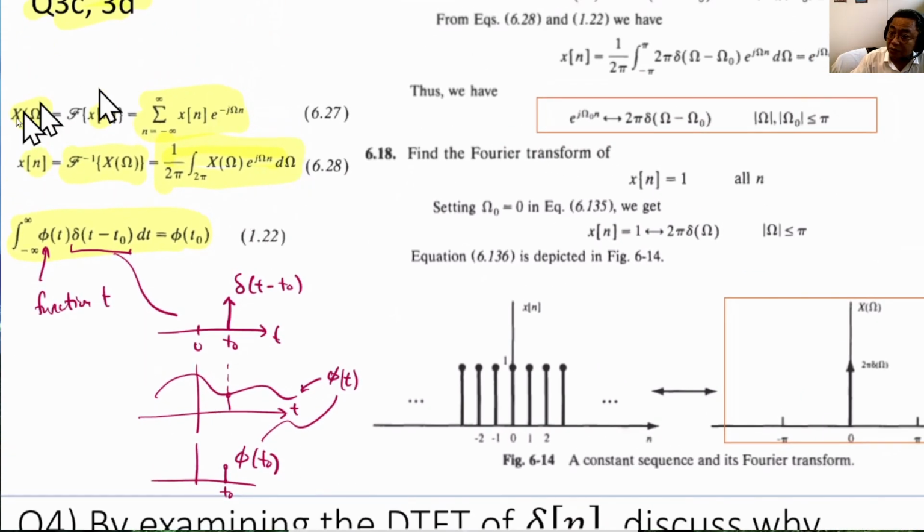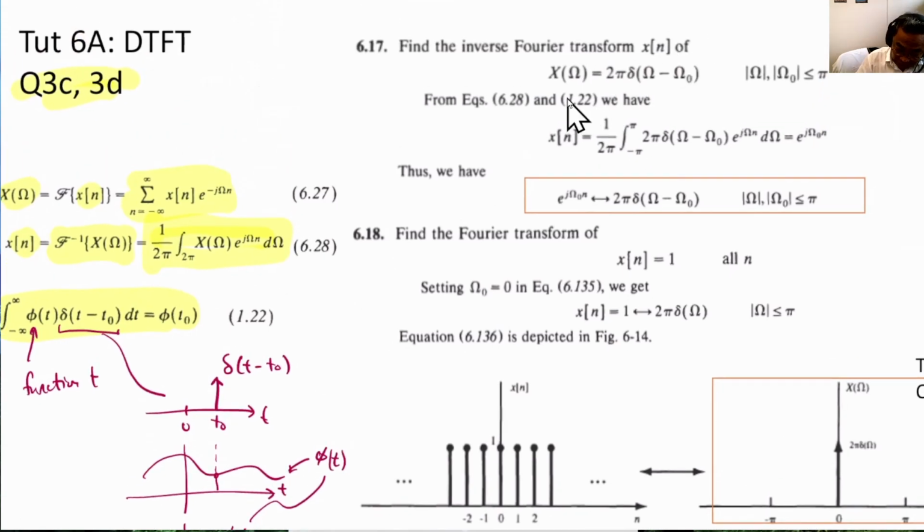Now with these three equations, we are going to examine what happens when we are given X of omega equal to 2 pi delta of omega minus omega naught. What is the x of n that has produced this X of omega? Of course, we apply the inverse DTFT equation, which is 1 over 2 pi, integrated across a period of 2 pi, of X of omega, so it's 2 pi delta of omega minus omega naught, times e to the plus j omega n.